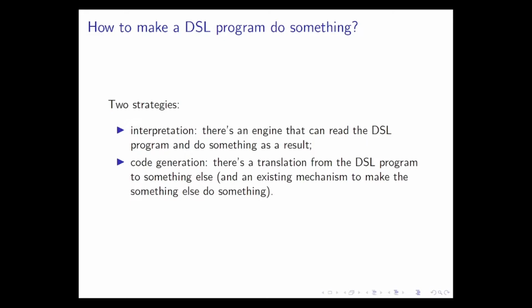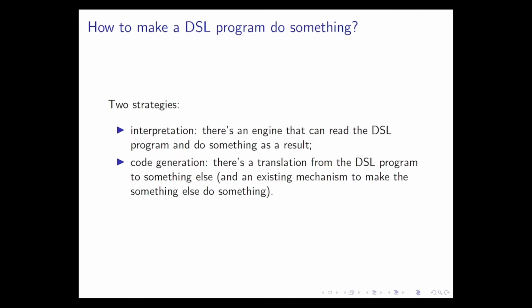How does a DSL program actually do something? Fundamentally, there are two ways of doing it. Either there has to be some engine of some kind, some other program, that directly takes the DSL program and does something as a result.